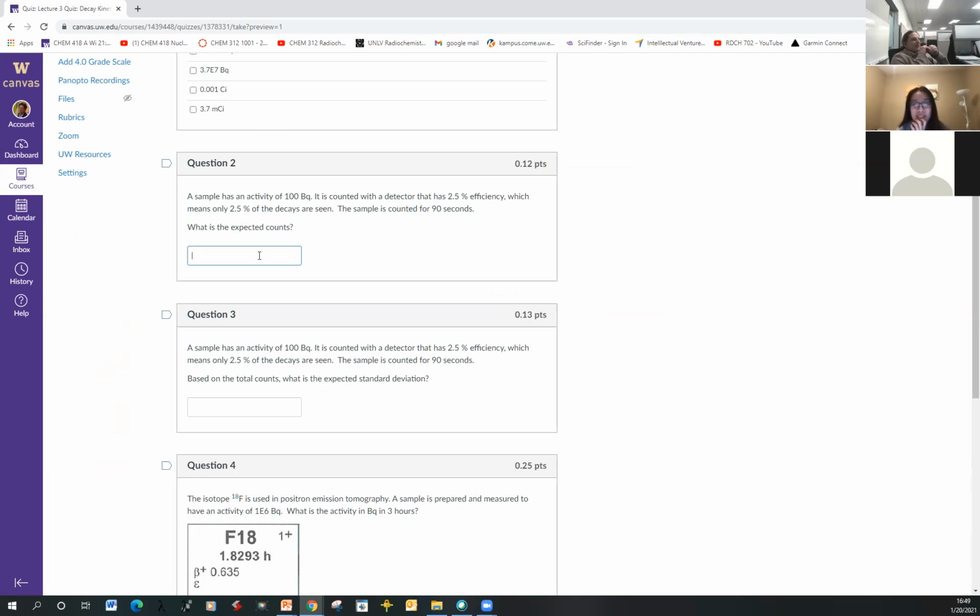A lot of times you're given an equation and you think, I have a hammer and everything's a nail, right? I tried to make this a little bit simpler, but I could have said there are so many grams of a material that has this half-life. Then you could have calculated the activity and gone from there, just like in the example that we went over. Got it. I think that's my main conclusion.